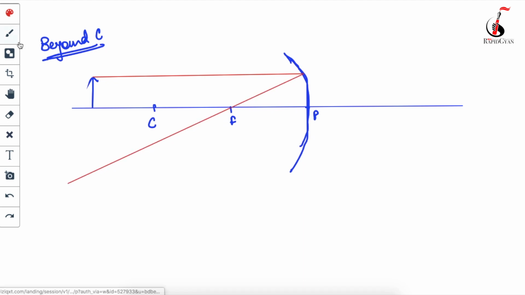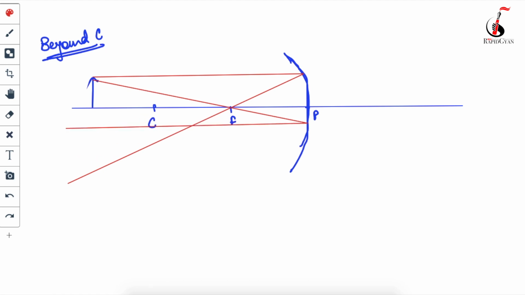For the second case, from here let's send the light ray via F. This will intersect somewhere here, and after reflection it will go something like this, correct? So what you are seeing is that one ray goes like this, and after reflection it goes like this. This light ray is passing via F, and after reflection it will go parallel.